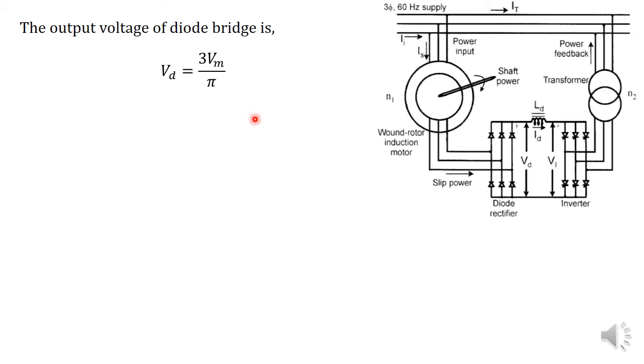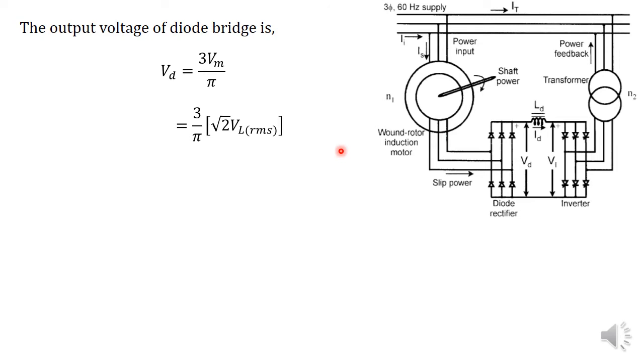3 Vm by pi is the output voltage of a three-phase diode bridge rectifier. Here Vm is the maximum value of the input voltage. So the input voltage to the diode bridge is the rotor induced EMF.